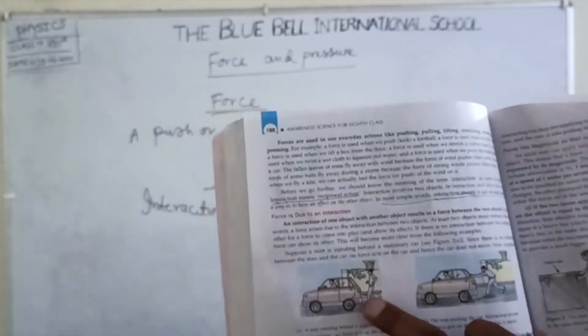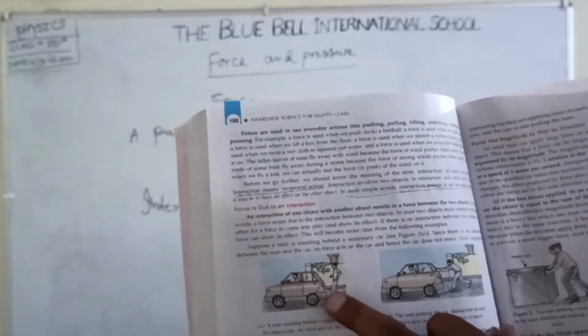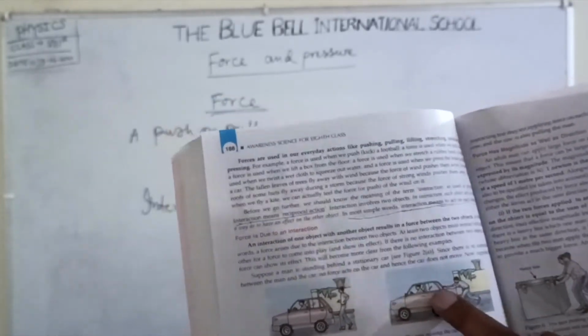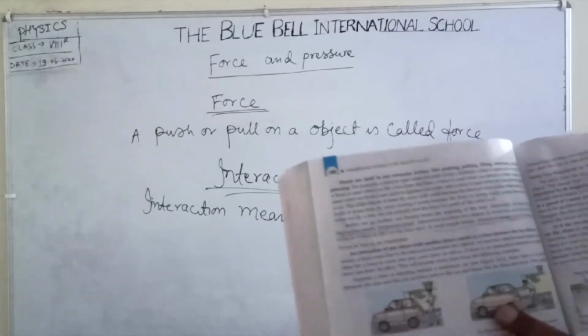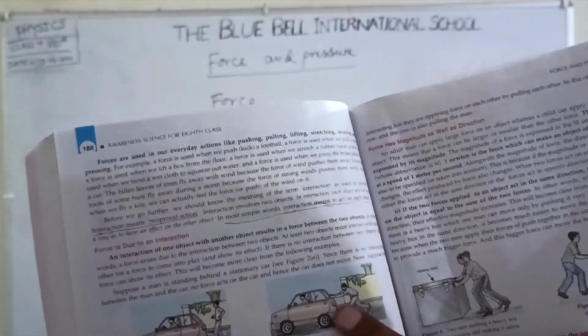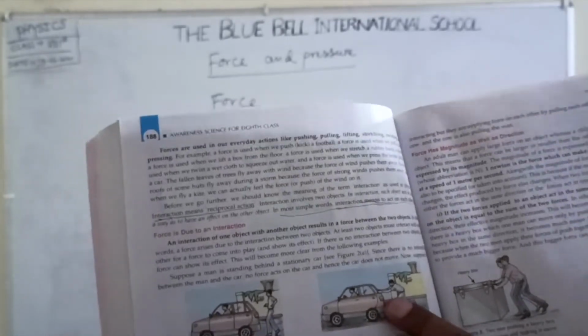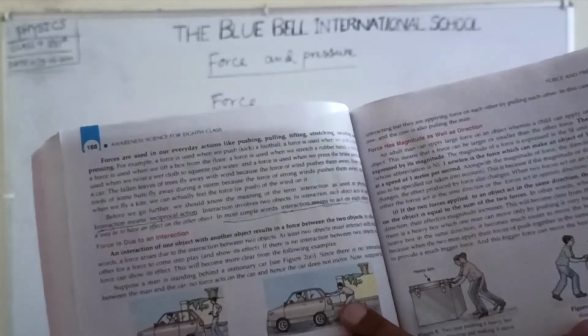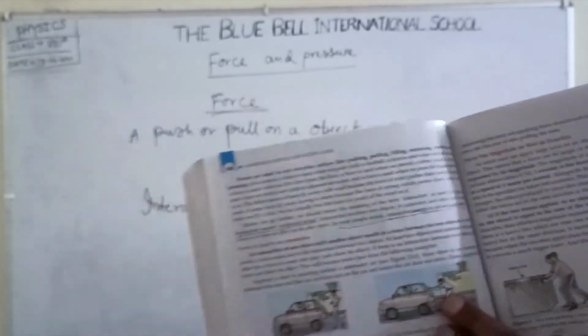Because we are not interacting here. That's why force is not working here. In the second case, we are applying a force on the car from behind. So here the interaction is from one side, so a force will work.